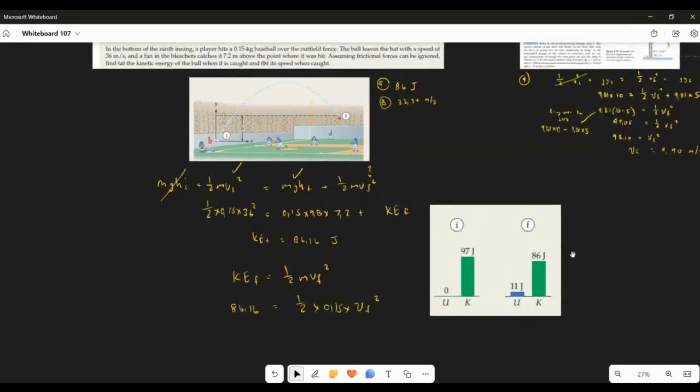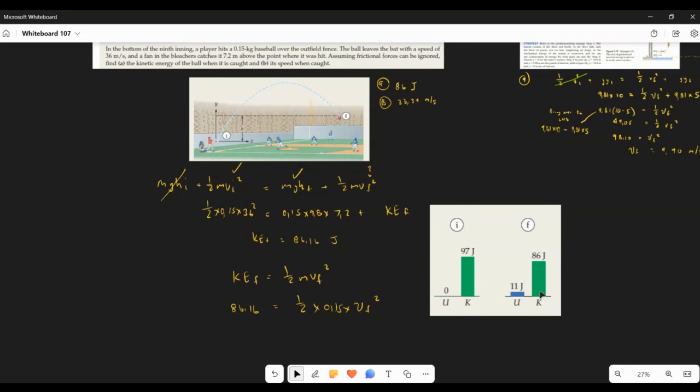A histogram is a nice way to illustrate how the energies are transferring between two particular points. Sometimes it gets quite involved. If you're looking at a particular body, you can see where all the energy is being transferred, and where we can harvest whatever energy we need at a particular point. So that's just some extra insight there.